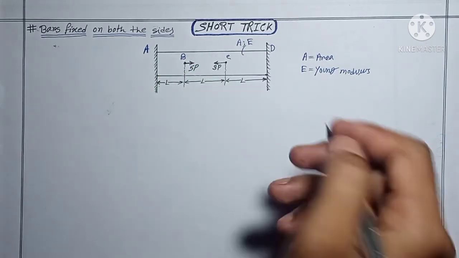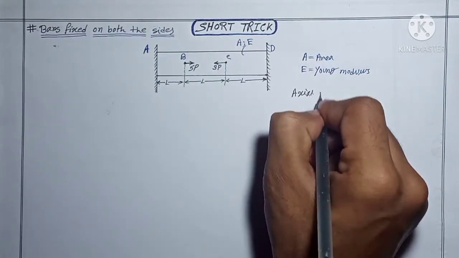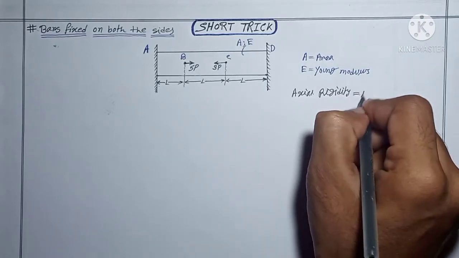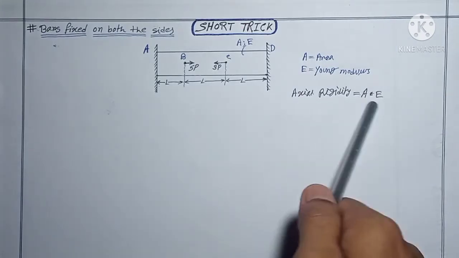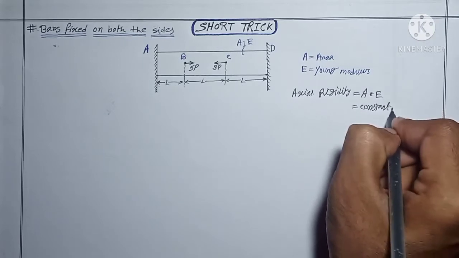First, the axial rigidity, which means the multiplication of area and Young's modulus, must be constant for each and every section.